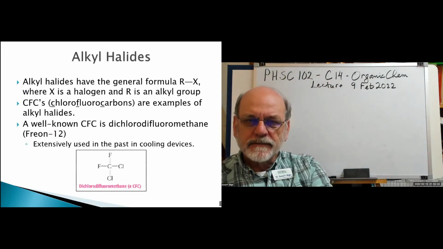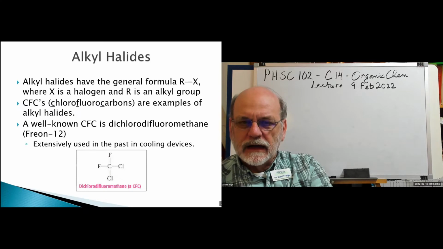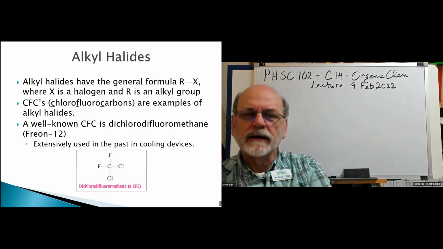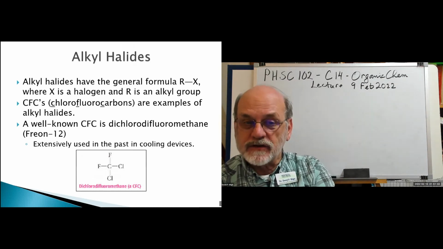If we take an alkane and derivatize it with halogens, we call that an alkyl halide.